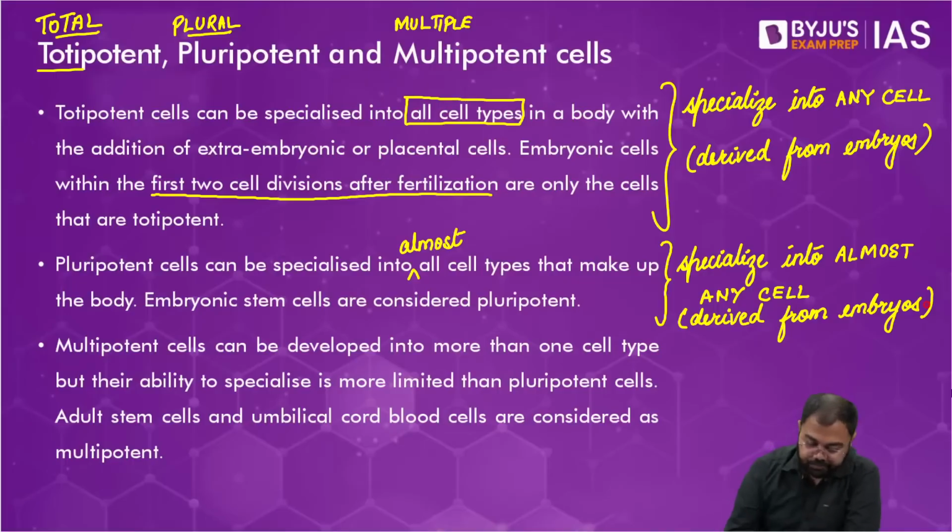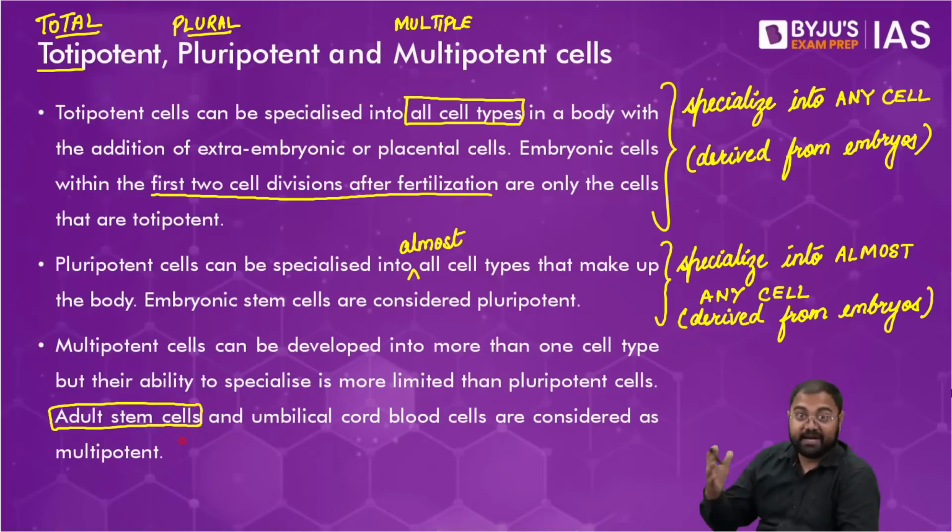So after this, we have the multipotent cells. Now, multipotent cells are not derived from the embryos. We say that these are derived from adult stem cells. Now, when we say adult stem cells, we do not really mean that you are only deriving it after 16 or 18 years of age of somebody. Adult means that the birth of the child has happened or the birth of the animal has happened.